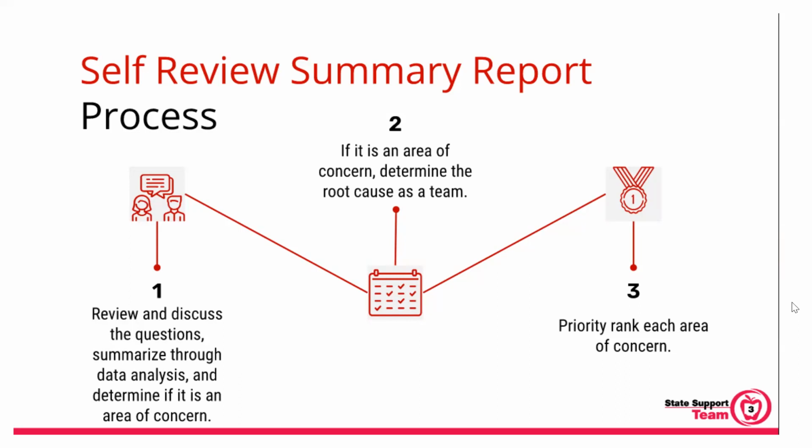For those areas, if you do determine it's an area of concern, you will rank it as such and prioritize: what's the most concerning area, what's the second most concerning area. If you do identify it as an area of concern, you want to make sure that area of concern is targeted through the improvement plan process.